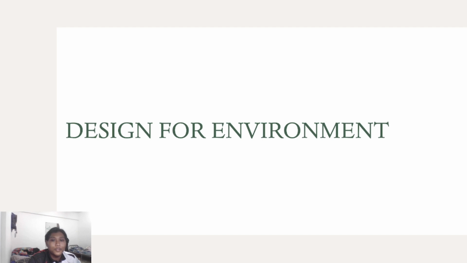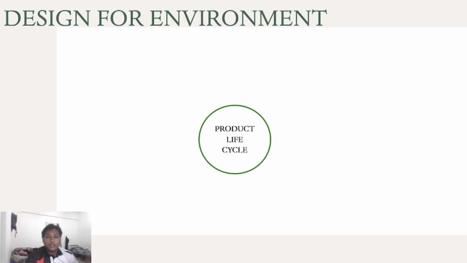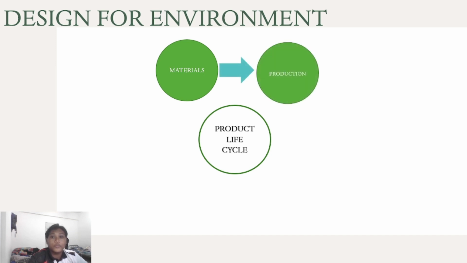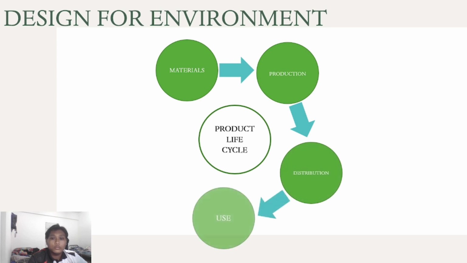Design for environment is important for our team in developing this project. Because of that, we use a product life cycle closed loop. The main character is material selection, production or manufacturing, distribution, use, and disposal.